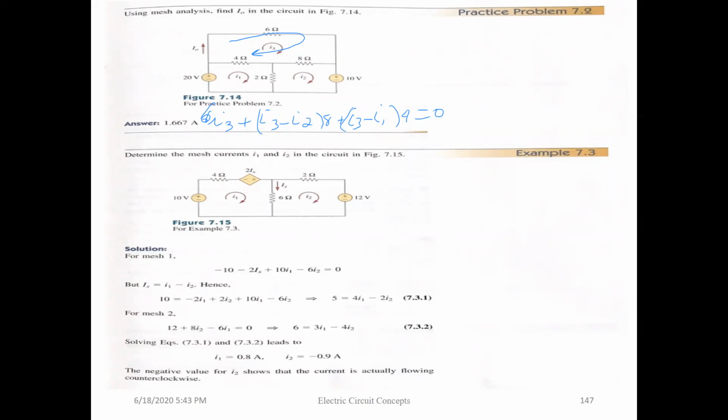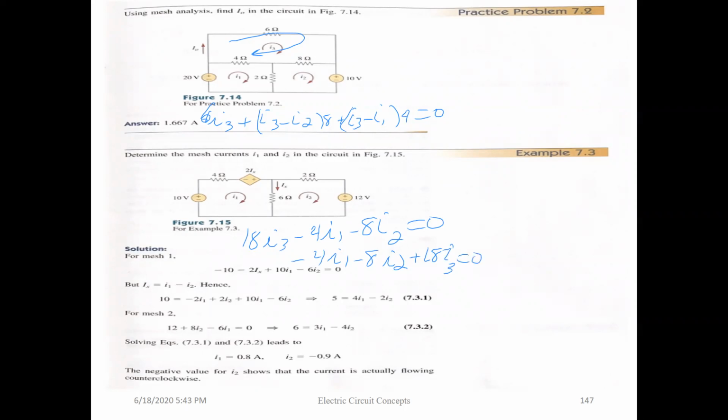Again, if we need to rearrange the equations with similar terms, we will have 18 I3, and then minus 4 I1 and minus 8 I2 equal to 0. As I mentioned, you should organize this equation one more thing to put negative 4 I1 first, and then negative 8 I2 second, and then 18 I3 equals to 0.